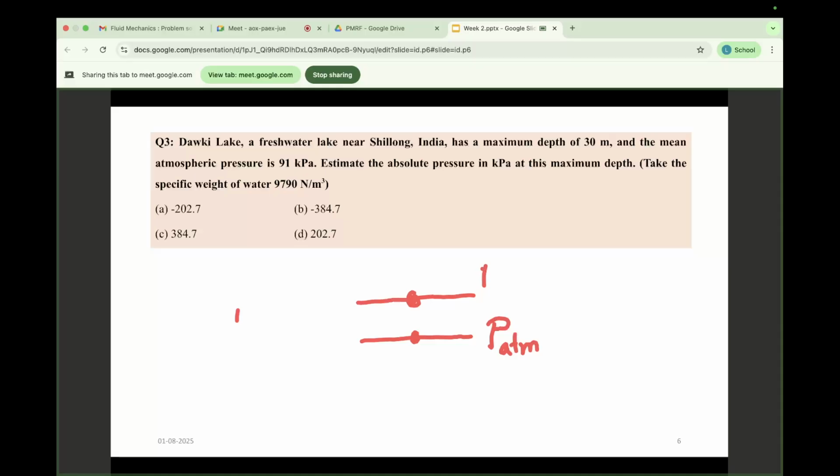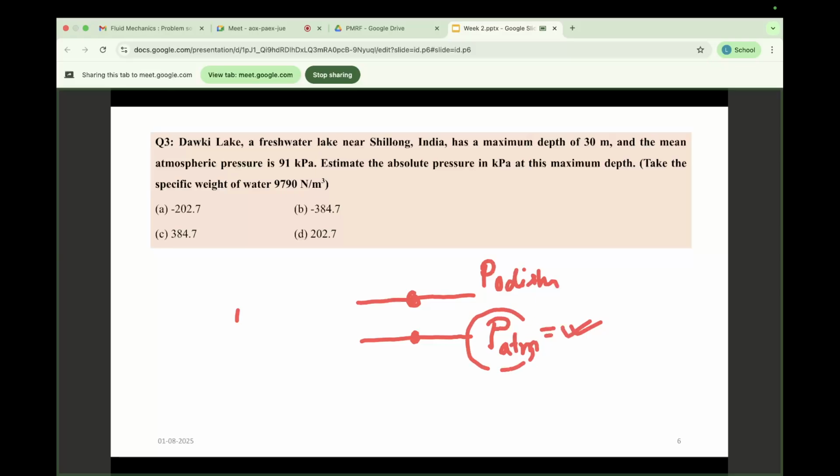Say on a certain day the pressure of Odisha is more compared to Jharkhand, I just assume this. I consider the pressure of Jharkhand as my reference, so that is the atmospheric pressure.